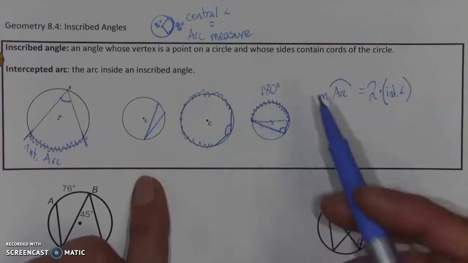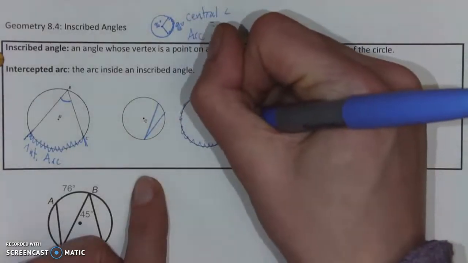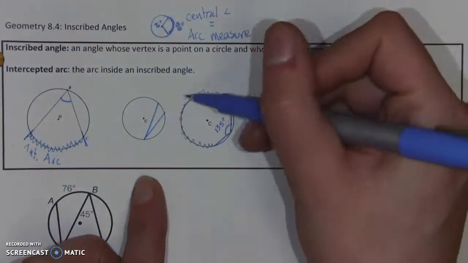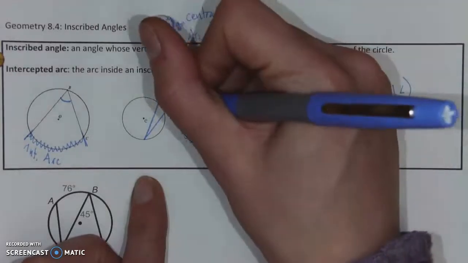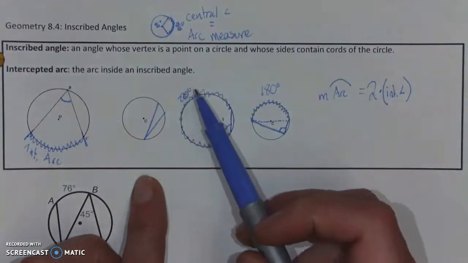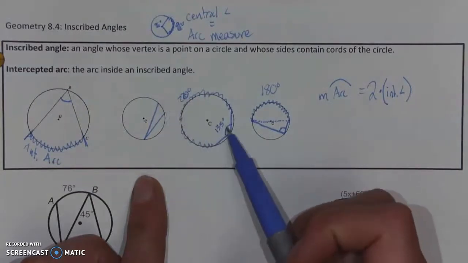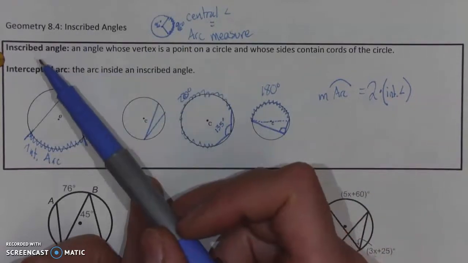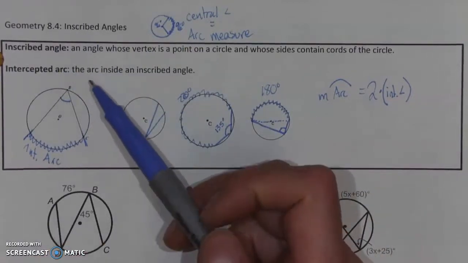If this angle was, let's say, 135, I would just double it. And I could say then that this would be 270 degrees for the arc. Again, keep in mind that we are not talking here about length, we are talking about measure. So everything we do will get degrees when we're working with inscribed angles and intercepted arcs.